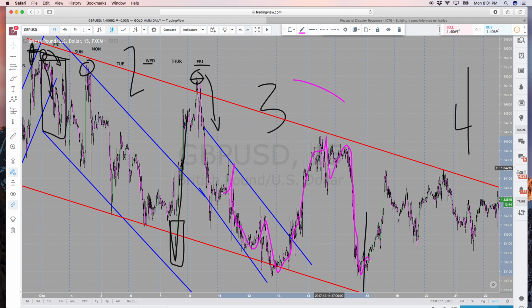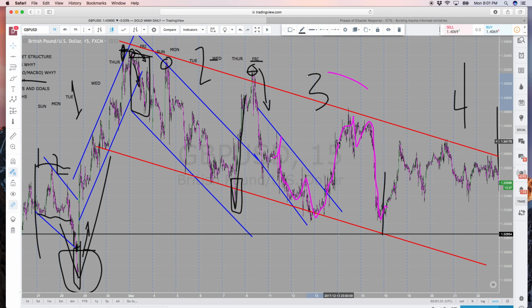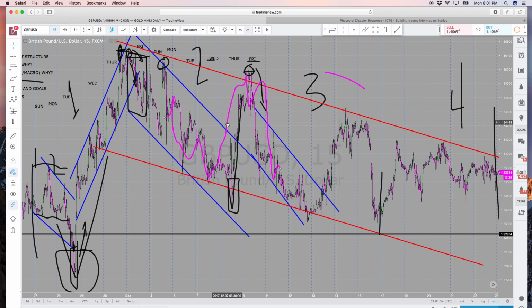This is week 3. Okay, we're looking at week 3 right now. Let's compare week 3 to week 2. Identical. Almost the same exact structure, right?